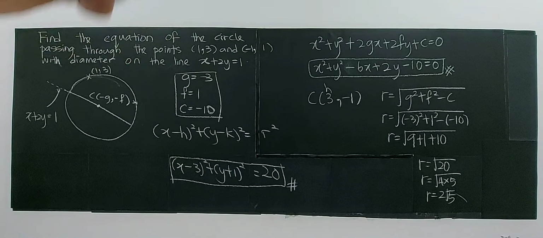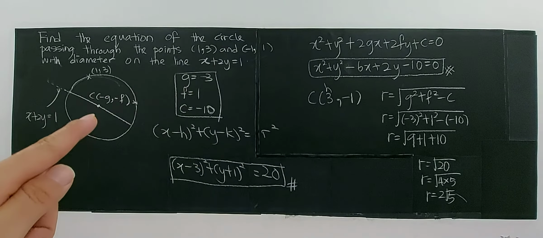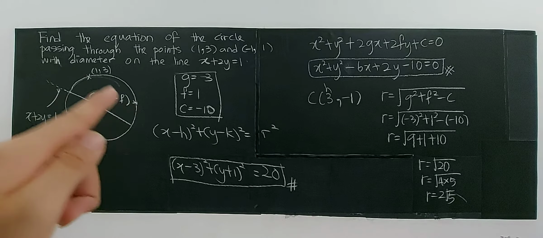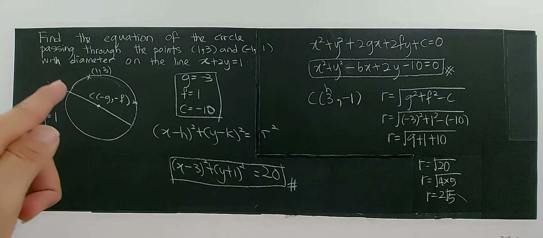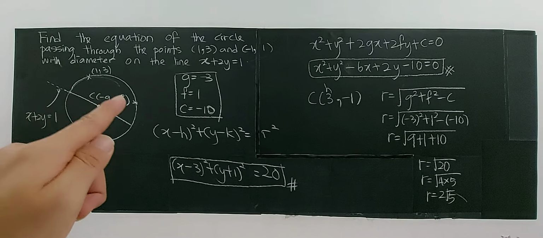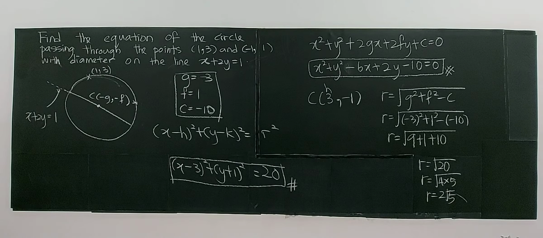Another equation comes from the center, in the form of negative g, negative f, being on the line x plus 2y equals 1, because the diameter is on this line. Definitely the center can be substituted in here, giving the third equation. With this, we have used this method to find the equation of the circle.